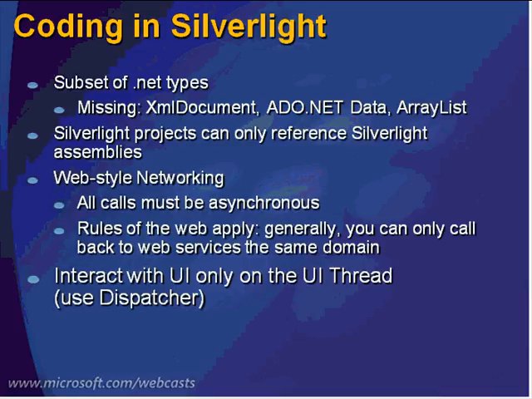This is actually good because it forces good coding practices and keeps the user interface responsive throughout. And I'll show you some coding tricks that will make this pretty easy. Also, when you interact with the user interface, you have to be on a special user interface thread. And I'll again show you how to do that through something called the dispatcher in Silverlight.